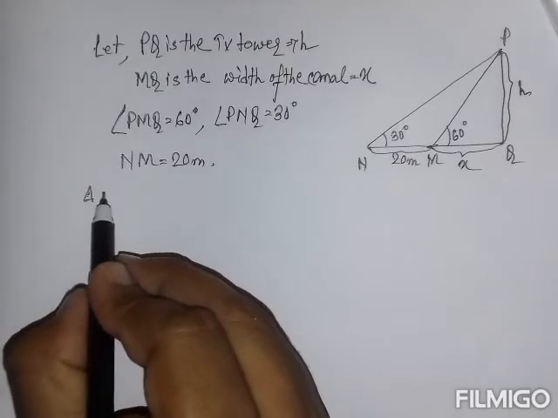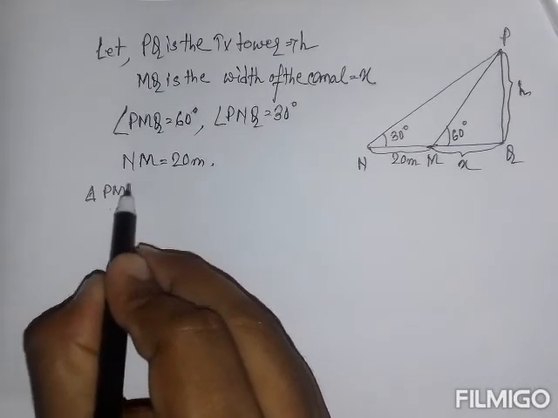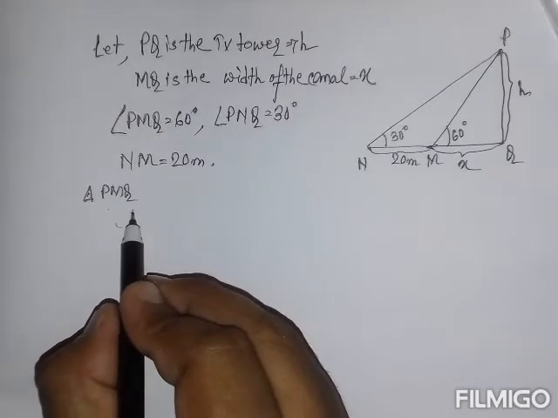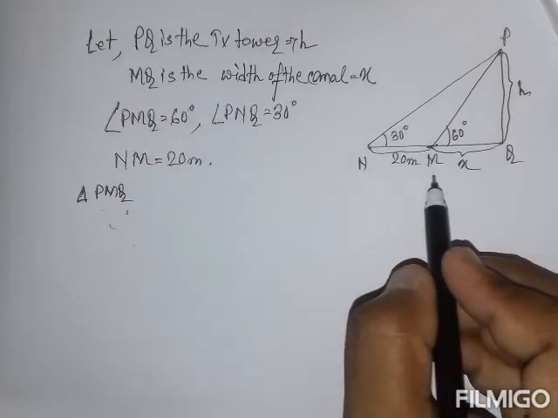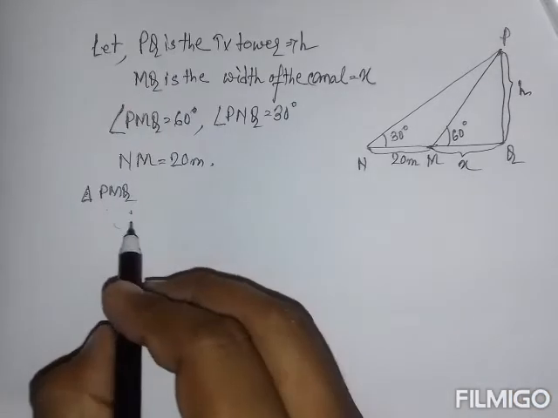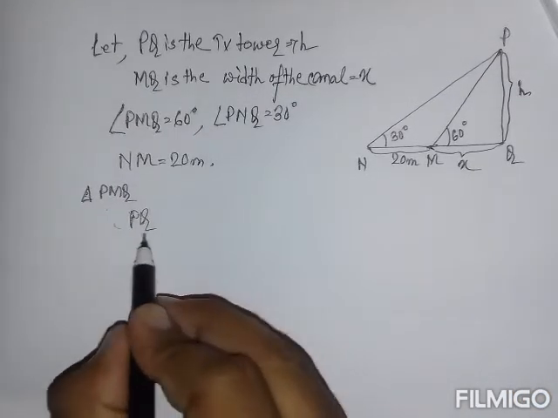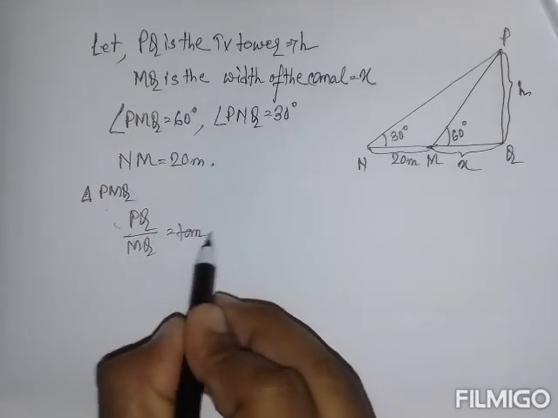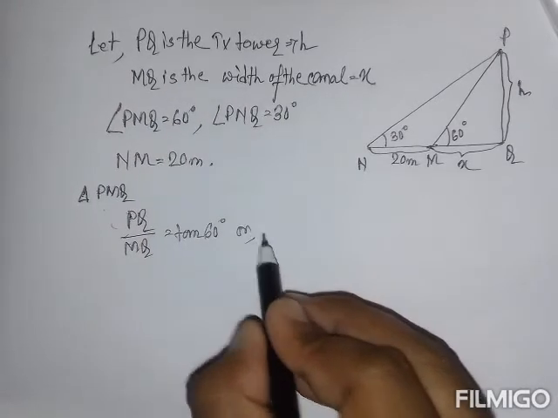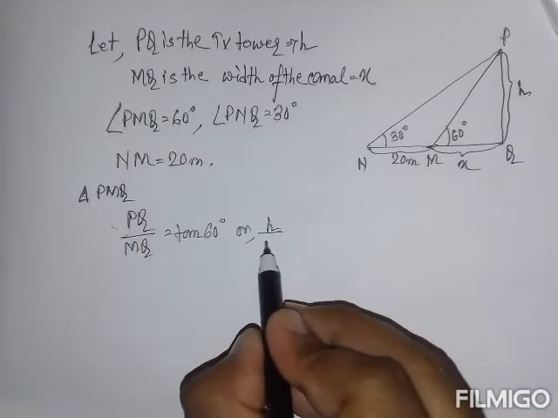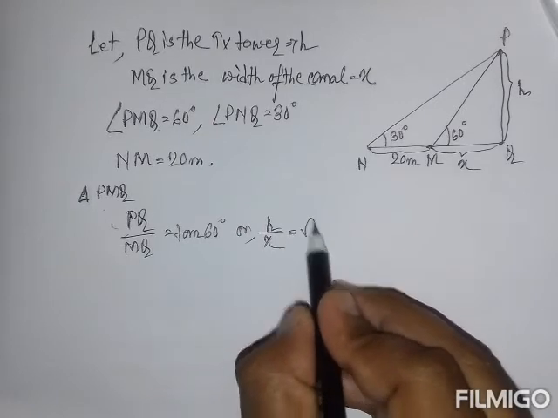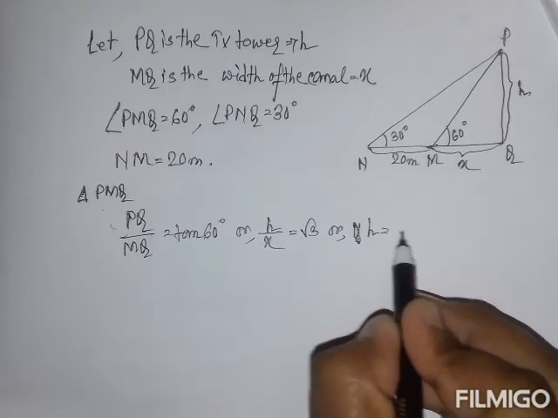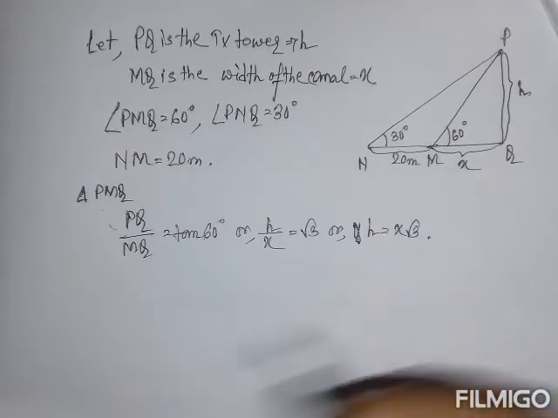Now from right angle triangle PMQ we can tell that PQ by MQ is equal to tan 60 degree, or PQ means H by MQ means X is equal to root 3, or H is equal to X root 3.